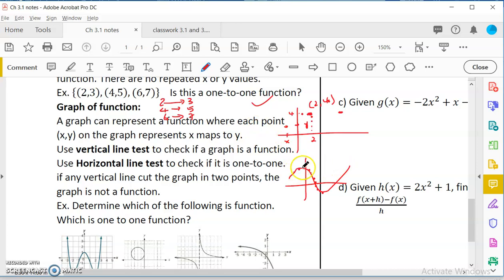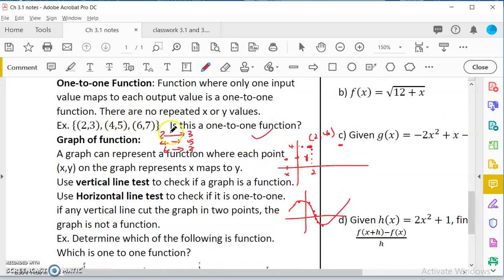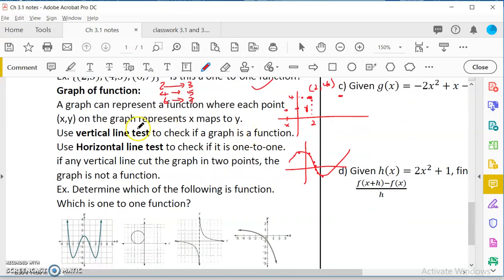How do I tell a graph is a function? Because in the mapping diagram, I can draw the maps. So we have something called the vertical line test. If every vertical line cuts the graph at only one point, then it is a function.